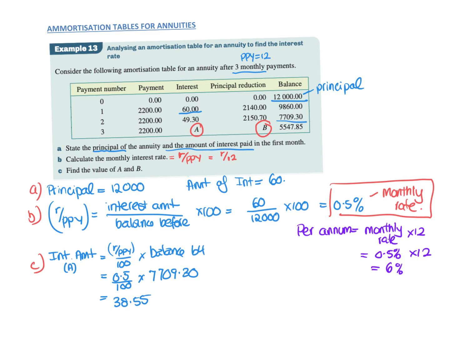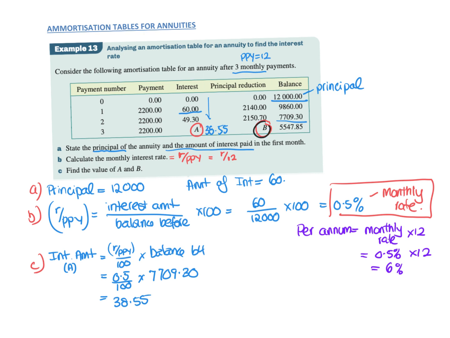So you go up here and type that in, 38.55, and have a look at the trend of what's going on. The interest amount is reducing. So does that look okay? We've gone from 49 to 38. That looks okay, yeah? So that's a way to pick up if you're getting an error.